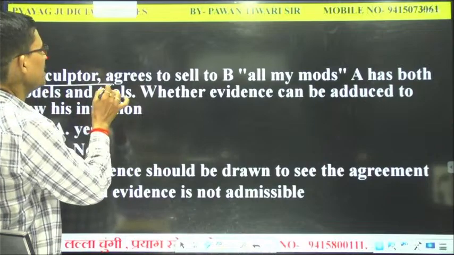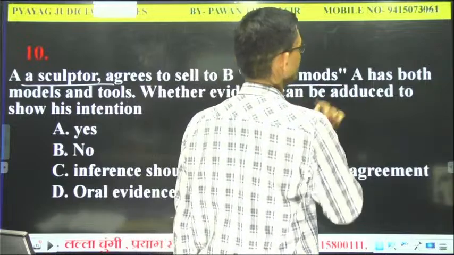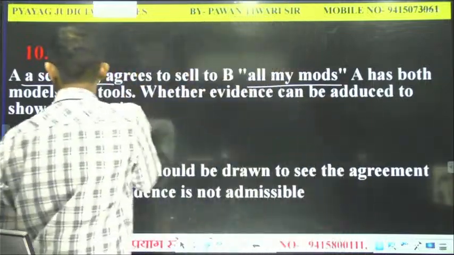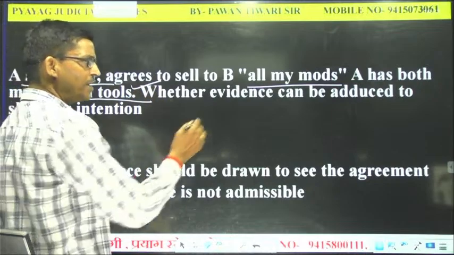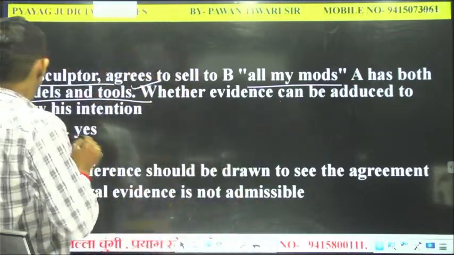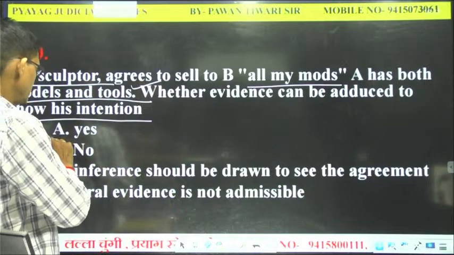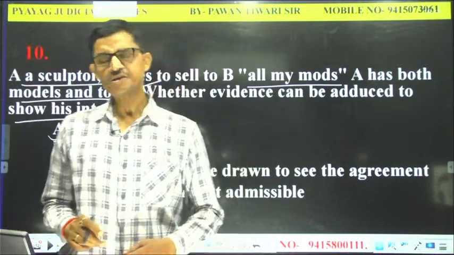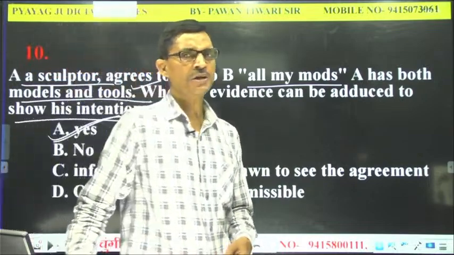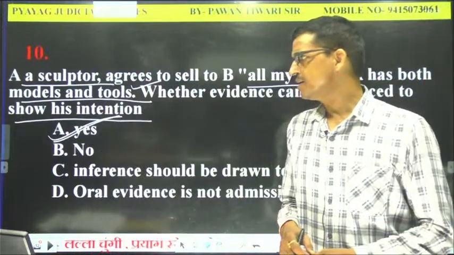A sculptor agrees to sell to B "all my models." A has models and tools also. Whether evidence can be adduced to show his intention? Yes. Such evidence may be given to clear his intention.